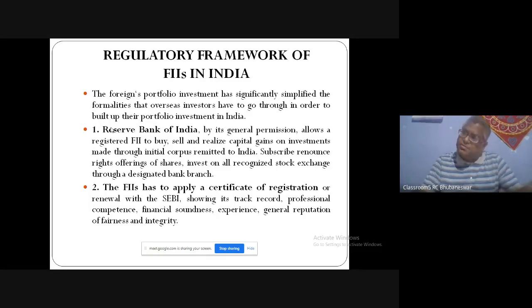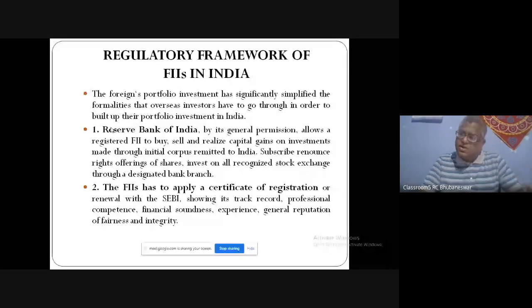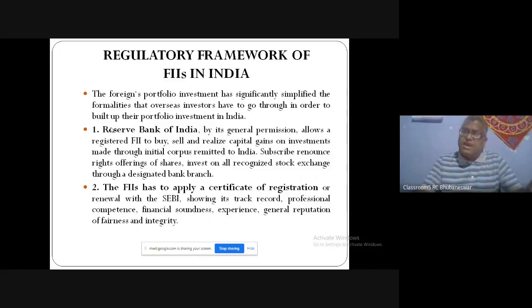Regarding the regulatory framework, I have already stated that the RBI, the Reserve Bank of India, called the bankers' bank and the central bank, looks into buying, selling, realizing capital gains, investment, and the initial corpus limit. FIIs apply for a certificate of registration through SEBI.